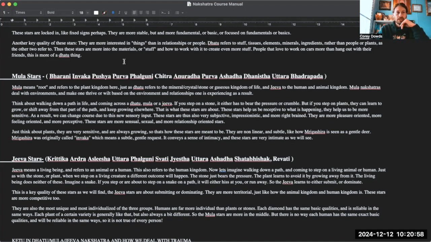So it's like it says here in this little metaphor, think about walking down a path in your life. If you come across a Dhatu, Mula, or a Jiva, let's say if you step on a stone, it either has to bear the pressure or it has to just crumble.